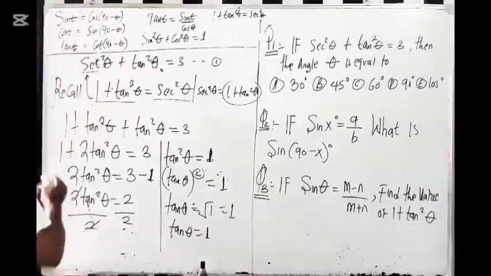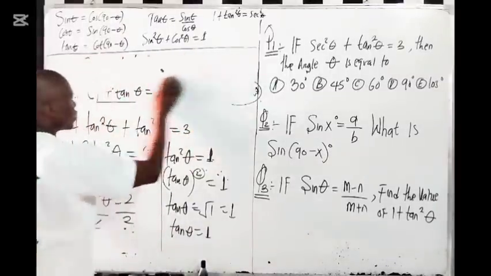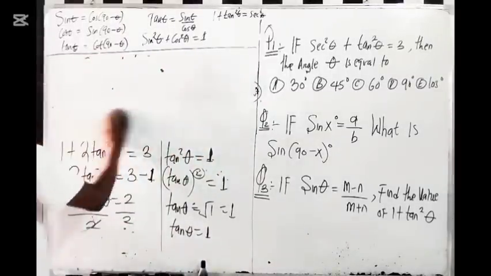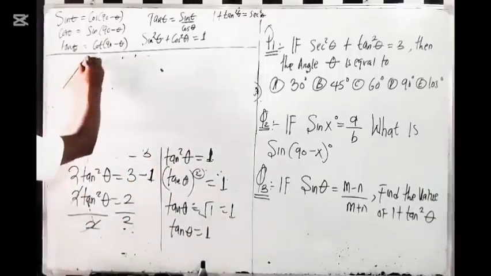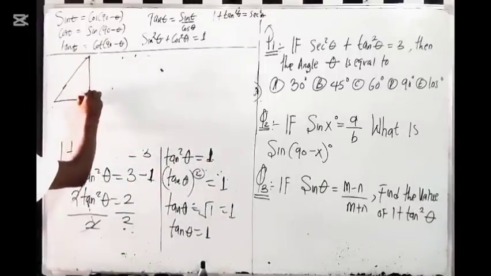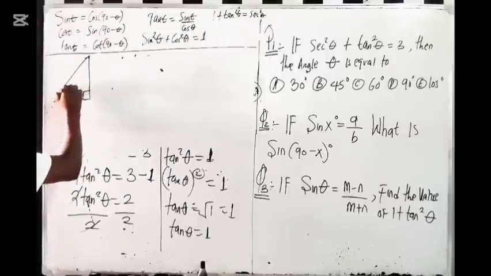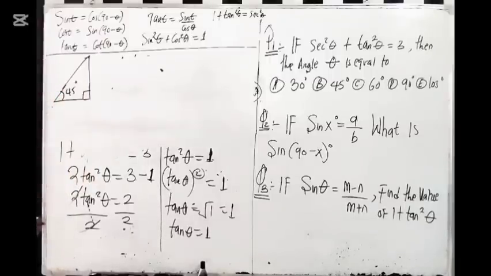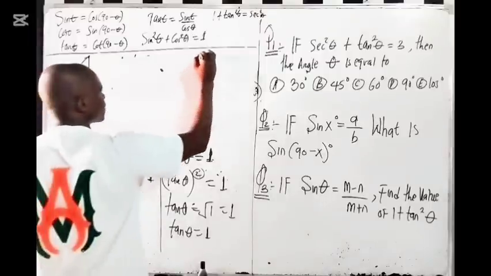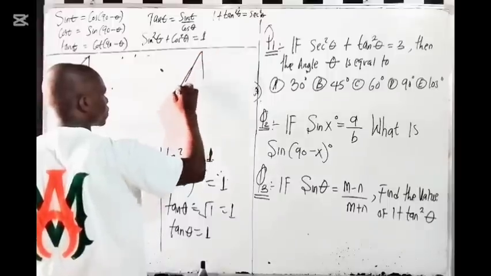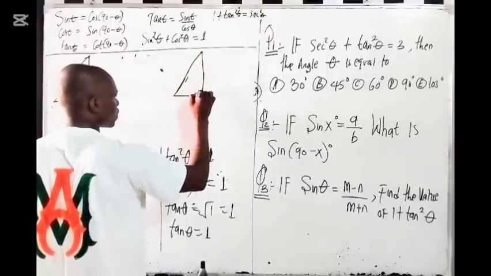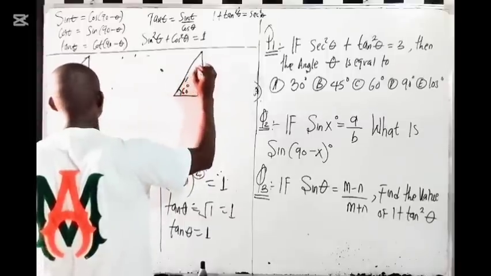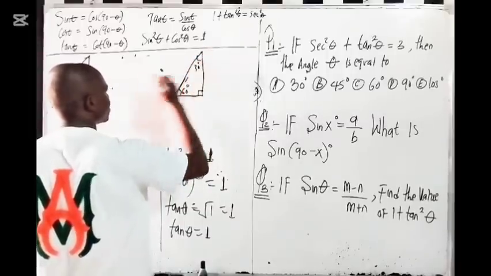So let's look at it again. If you look at angle 45, angle 45, and angle 60, angle 60 degrees and angle 30 degrees, right?